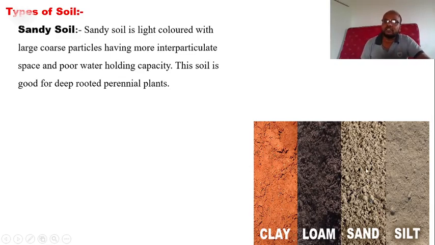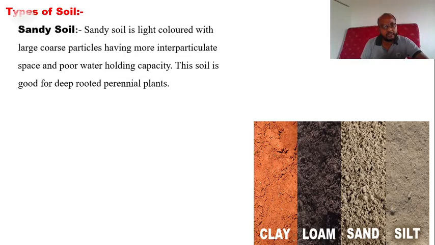Because it is sand, the particles are not compactly arranged, but space is formed in between the soil particles, or in between the sand, and this space is called interparticulate space. So this soil is very poor in water holding capacity because the sand does not hold the water, but the aeration is very good, and this soil is good for deep rooted perennial plants.